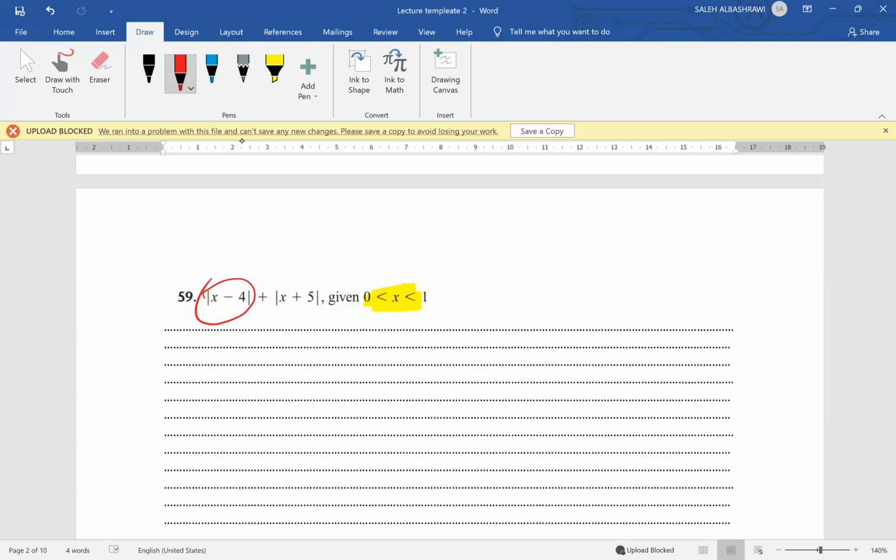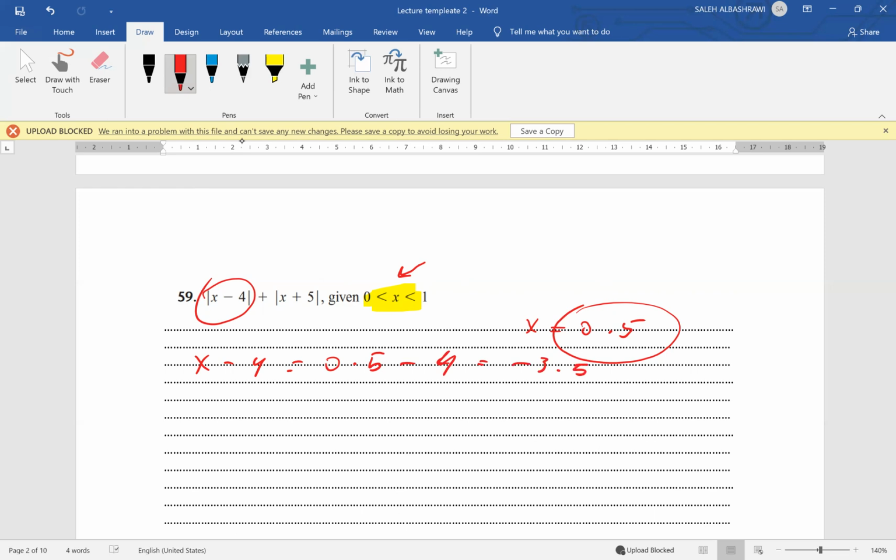Now in this case, since x is between 0 and 1, I'm going to choose a test number. Pick any number between 0 and 1. So let me choose x to be equal to 1/2 or 0.5. It is less than 1 and greater than 0. So x minus 4, replacing x by 0.5, is 0.5 minus 4, which is equal to negative 3.5.